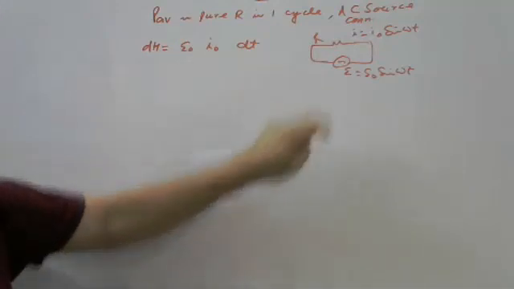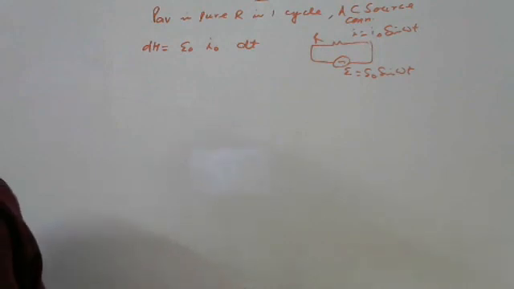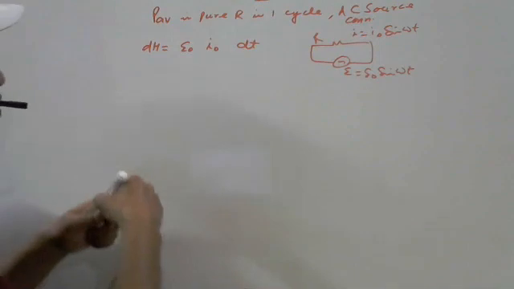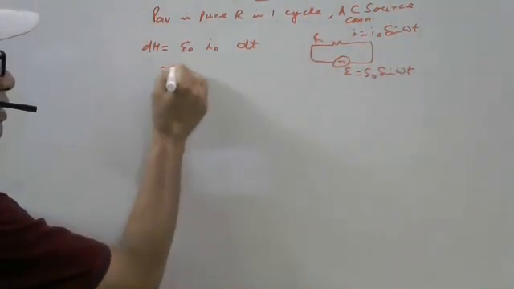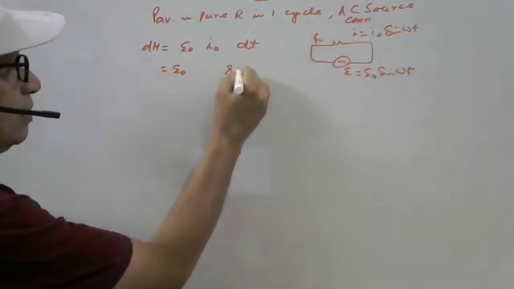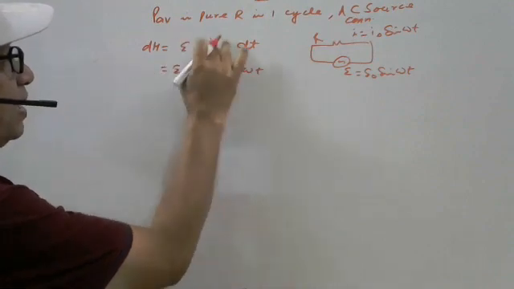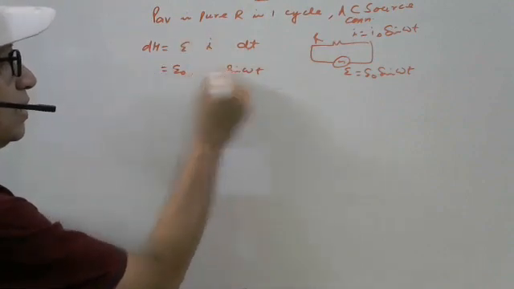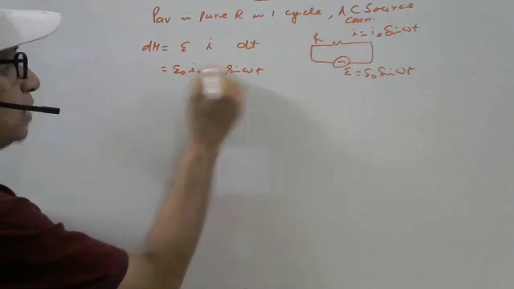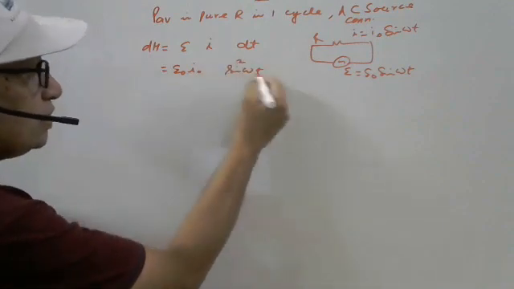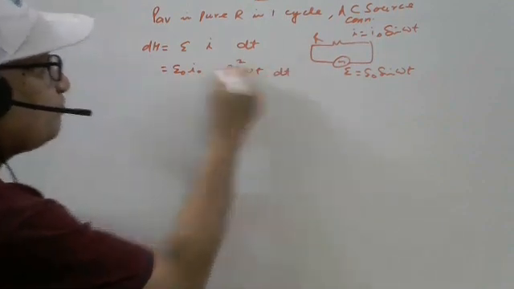Reason behind here, we are interested in voltage and current both. So putting the value here, E naught I naught, E naught sin omega t, and I naught also sin omega t. So it is sin square omega t.